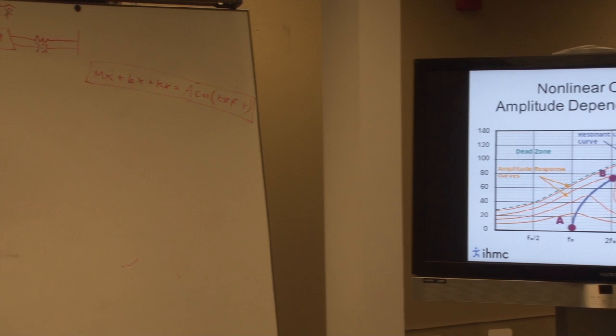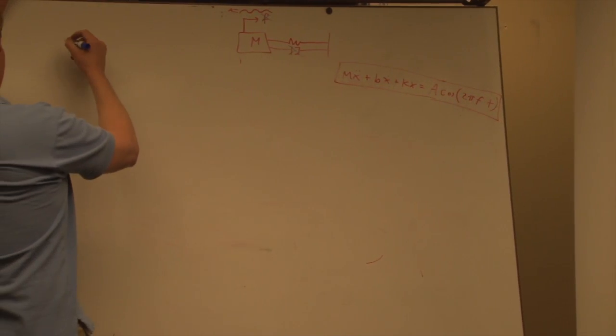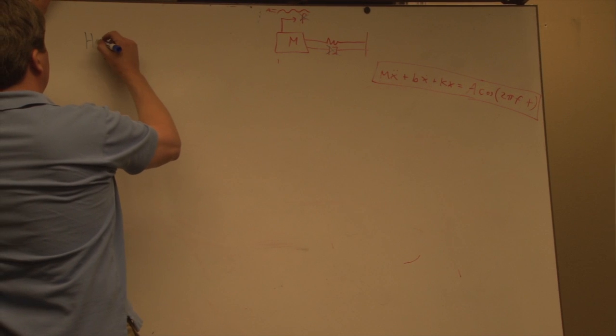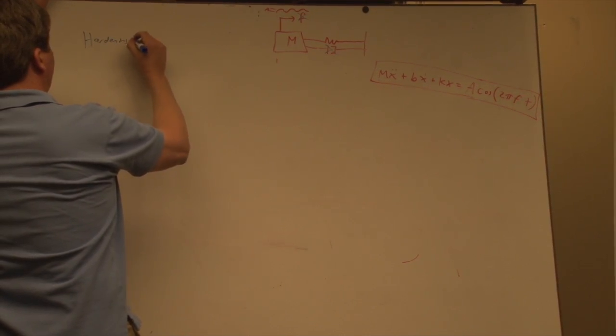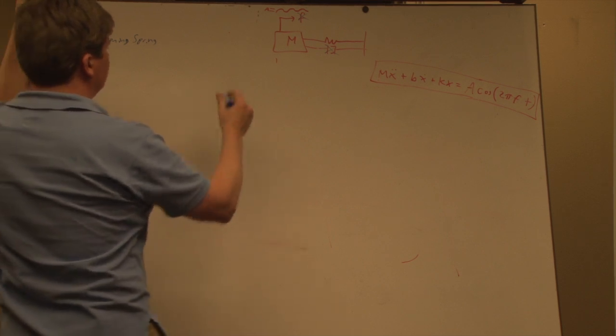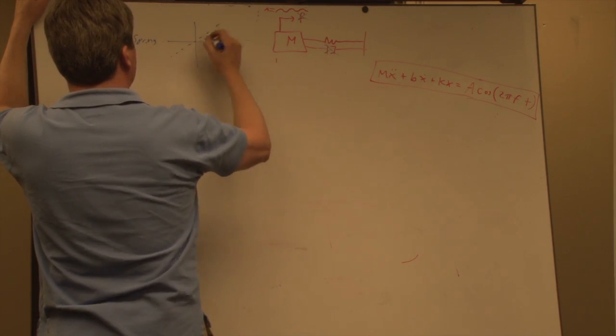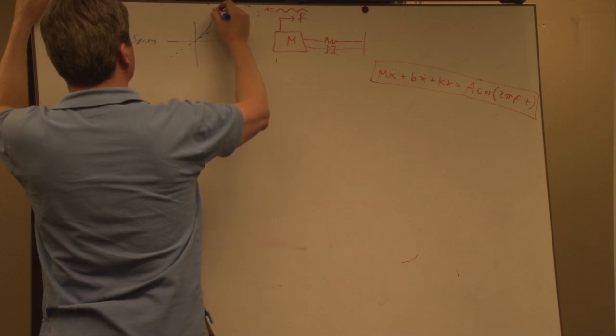Okay, so let's consider the case now where we have a hardening spring. Whereas this is a linear spring, a hardening spring is going to be something that looks like this.